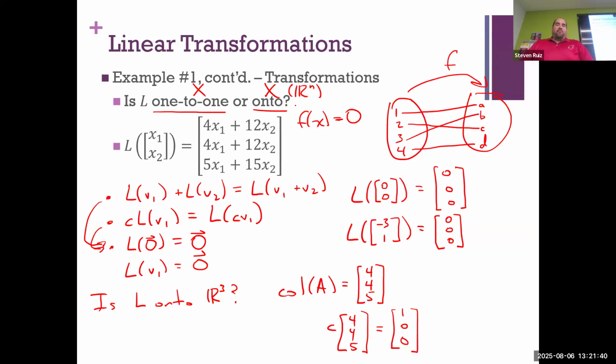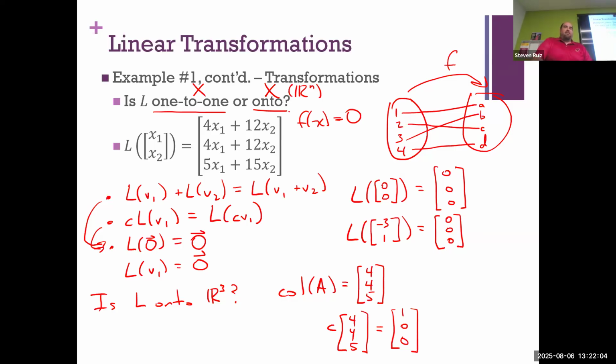If I have a basis of R3, how many vectors have to be in it? 3. Which means if I give you a basis of any other dimension, you already know it's false. So the basis for a subspace is never unique. I can adjust those a little bit, but their dimensions are always the same.